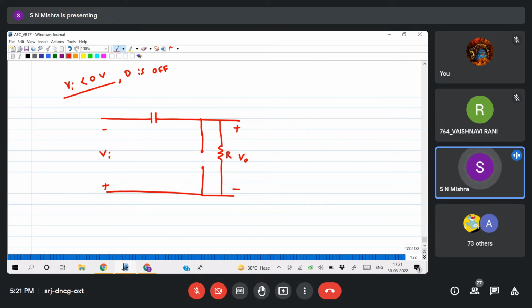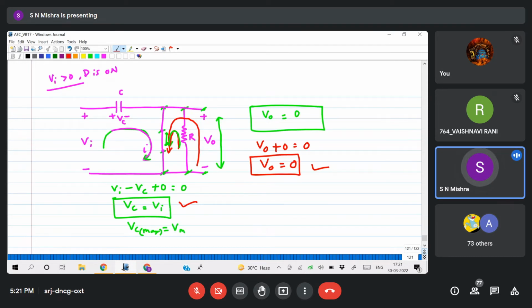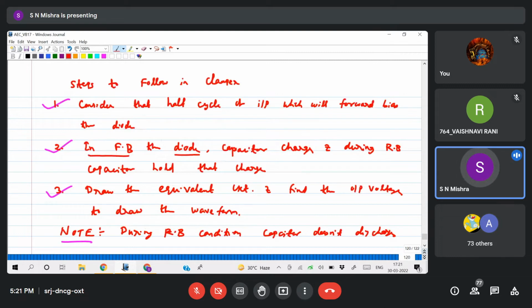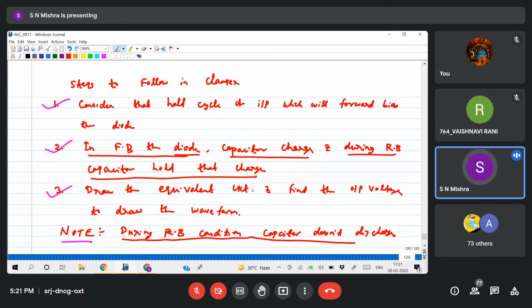Now what do I put across the capacitor? Go to the second point here. In the forward bias of the diode the capacitor charges, and during reverse bias the capacitor does not discharge.